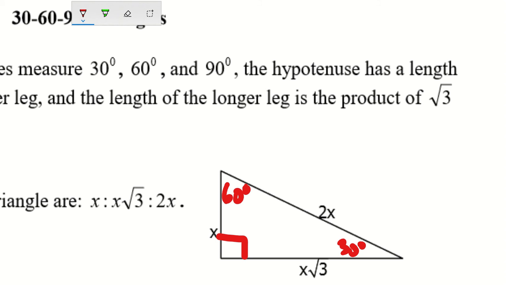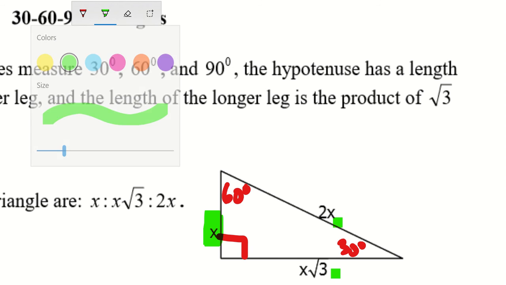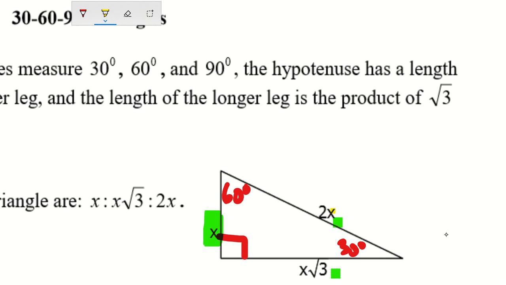Now, the relationship here, every time you have a 30, 60, 90, the one in front of the 30 degrees is always going to be your x, right? So if they give you that number, to find the other two, like this one and this one, would be pretty easy, right? Because the only thing you have to do is find the one in front of the 90 degrees.